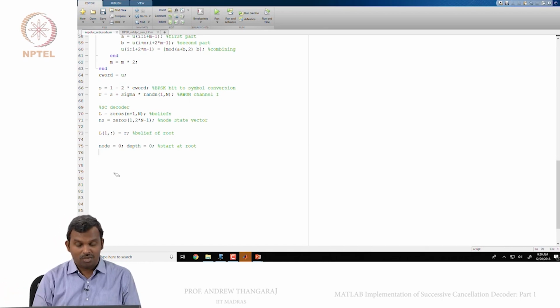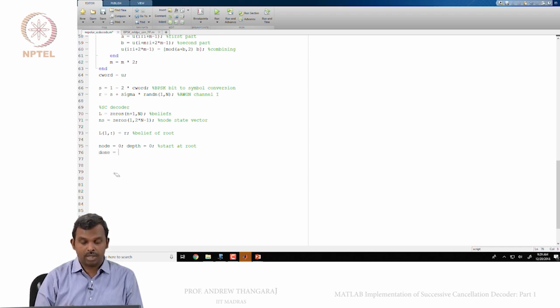That is it, we are ready to start. I will also have a variable called done, which will be 0 now. This will just indicate whether the decoder is finished or not. Initially it is 0, which means it is not finished, and my loop here will simply say while done equal to 0. If it is 0, then you keep doing the loop.